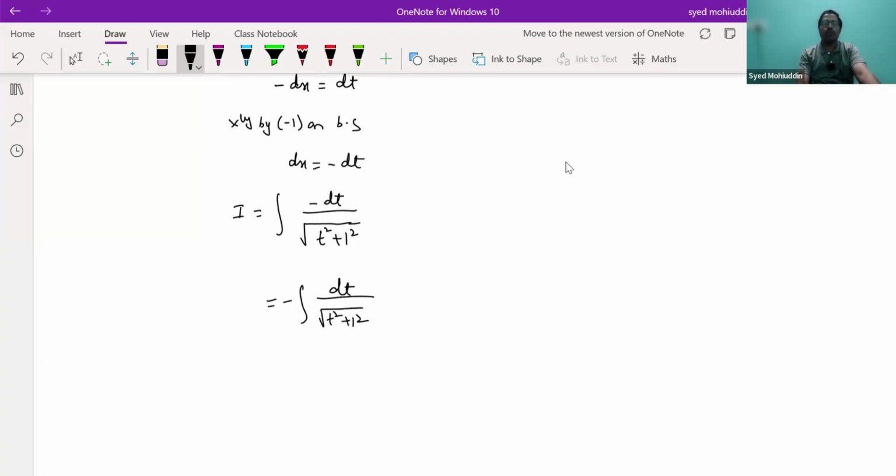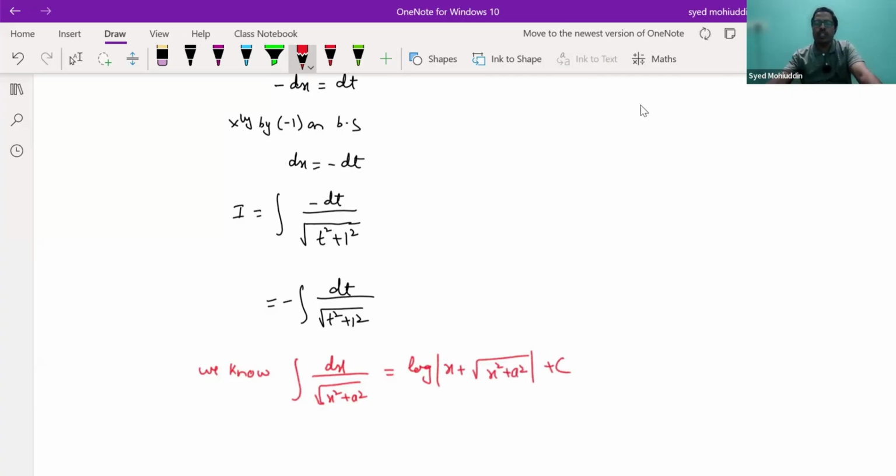So we know this formula. What is the formula we have? The integral of dx by root of x square plus a square is equal to log of mod x plus root of x square plus a square, plus the constant of integration c.